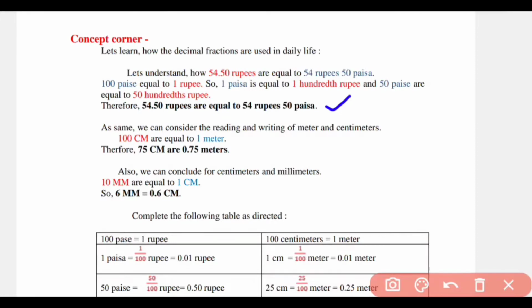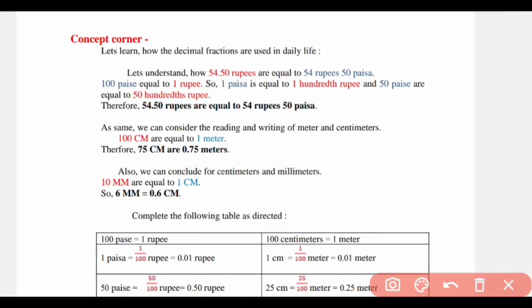Now in the same way we can consider the reading and writing of meter and centimeter also. Because we all know 100 centimeter is equal to 1 meter, therefore 75 centimeter is equal to 0.75 meter. Also we can conclude for centimeter and millimeter that 10 millimeter is equal to 1 centimeter.